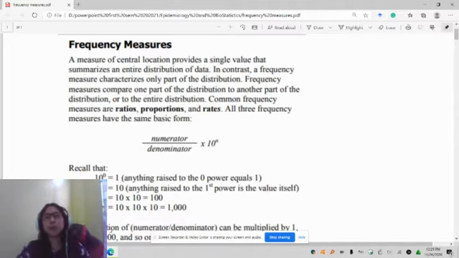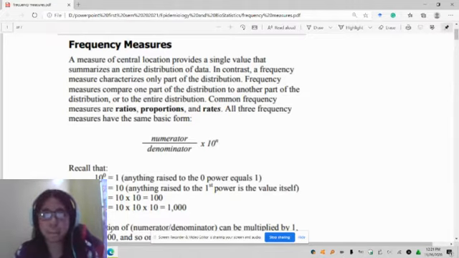The formula to compute the percent value is the frequency over the sample size, or population, if you are conducting a population study, multiplied by 100%.